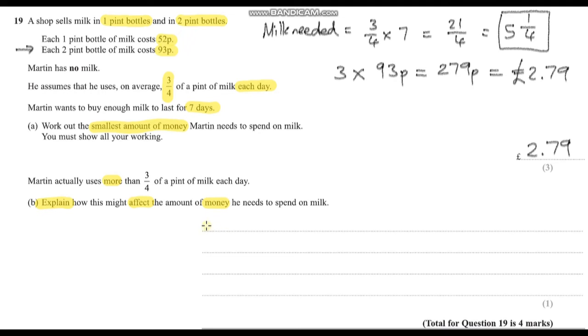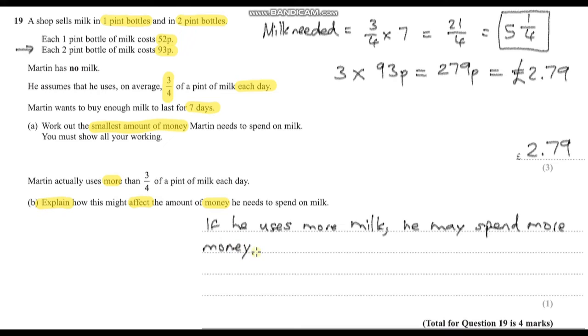So we can say that if he uses more milk, he may spend more money. That's all we need to write. It's only worth 1 mark, this one. So if he uses more milk, he may spend more money.